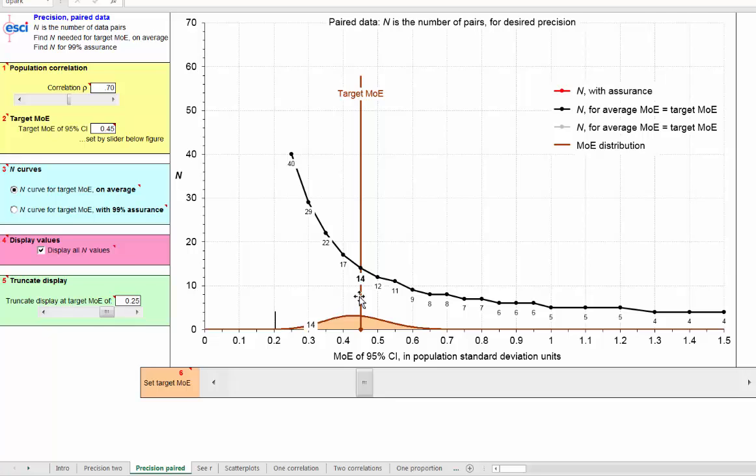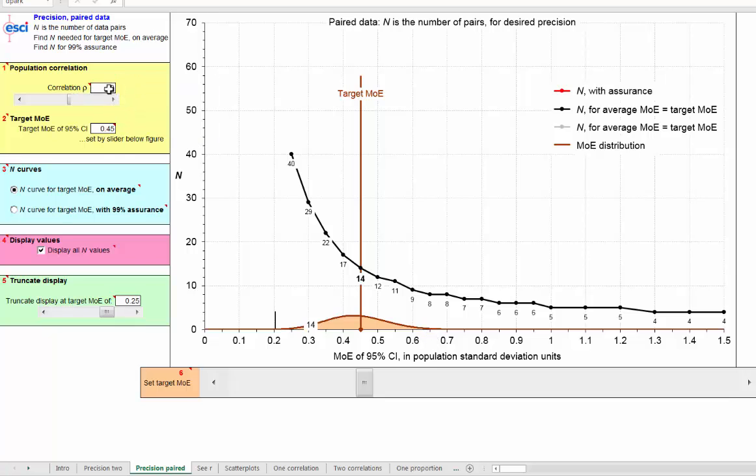But remember, there's one additional thing I have to specify, the correlation between the pretest and post-test, between the two measures. Here it's set by this slider, and here I've set rho equals 0.7, which is a typical fairly high value. And this tells me that a single group of only size 14, how wonderful, how luxurious, will give me on average MOE of 0.45.